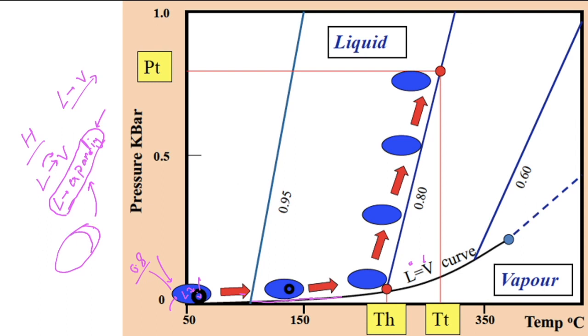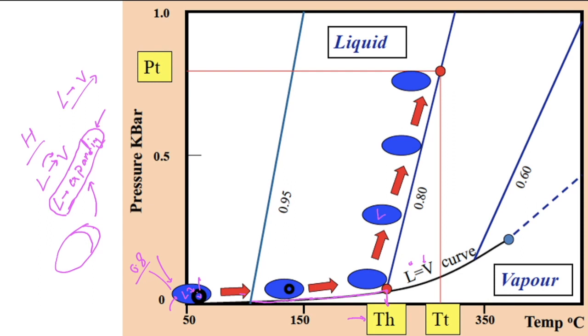So as you are heating, the size of this vapor will keep on decreasing, right, till the point where it becomes so less that it disappears. And the temperature at which it disappears is called the homogenization temperature. That means now everything is converted into one single phase, which in this case is liquid, right?